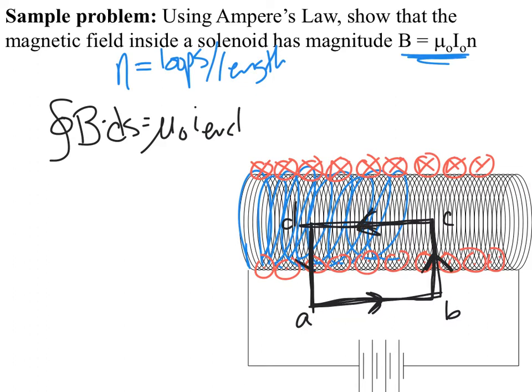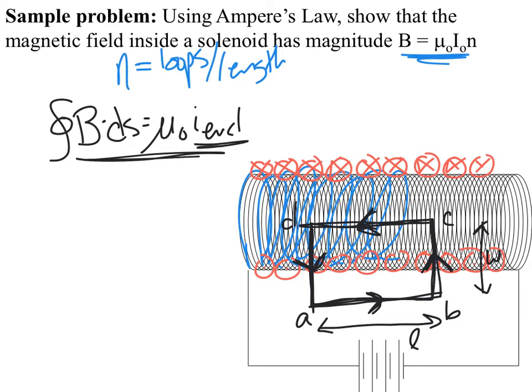Notice again my Amperian loop in this case gets to be a rectangle. Let's say that it has a length here and a width. I hope that's okay. And now I want to figure out what's going on here.